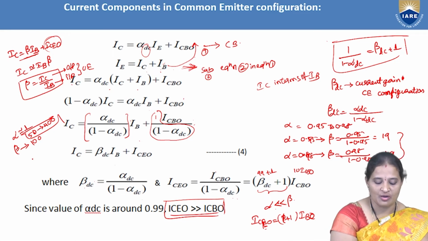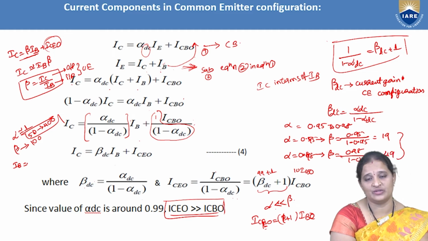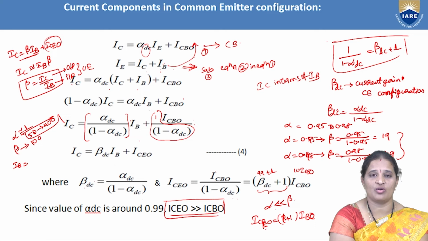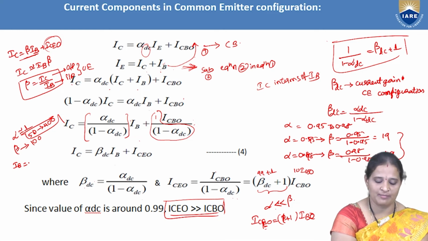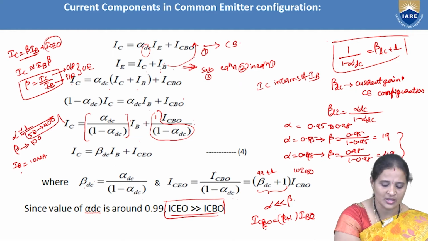Now, for example, let us consider IB is the base current, which is due to recombination. The recombination is only 2 to 5%, so the IB value is very small. It is of the order of microamperes. Let us consider this as 10 microamperes. If I consider beta as 100, what is the value of IC?